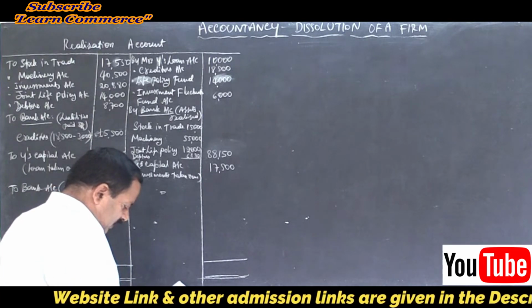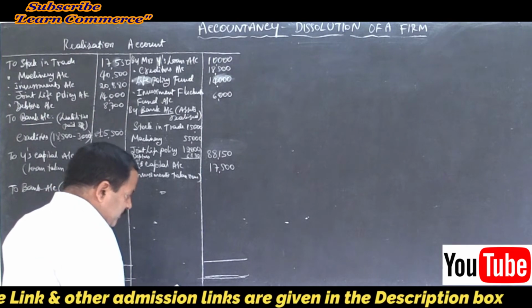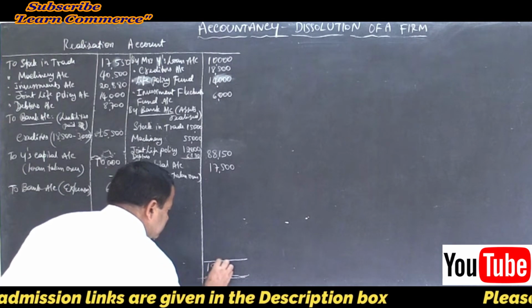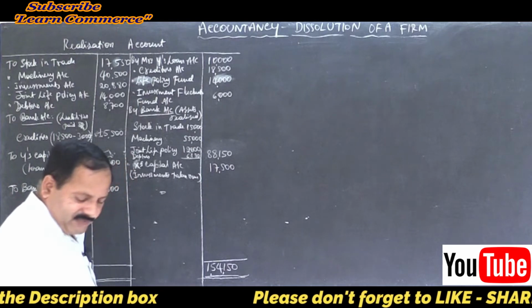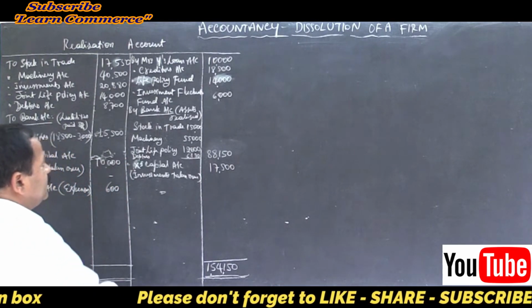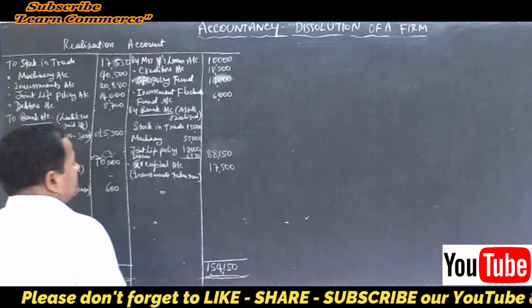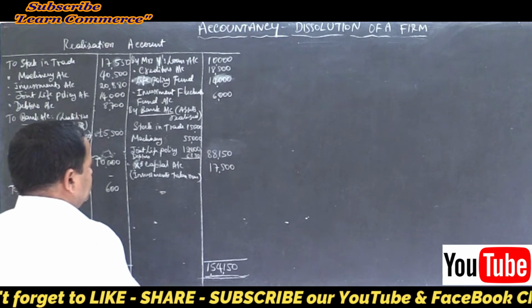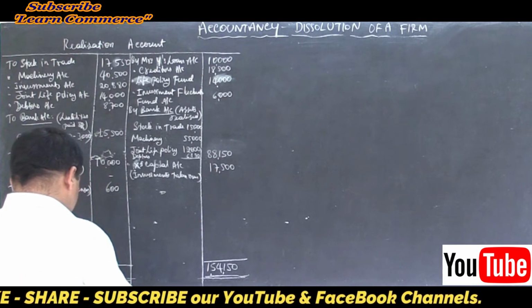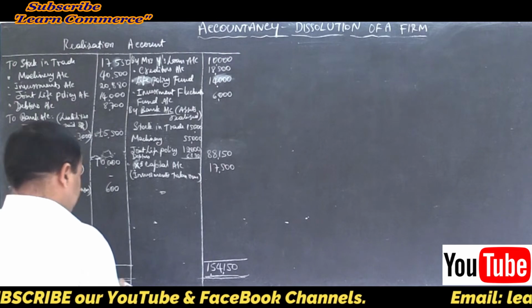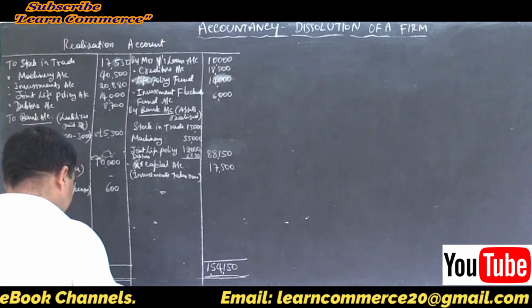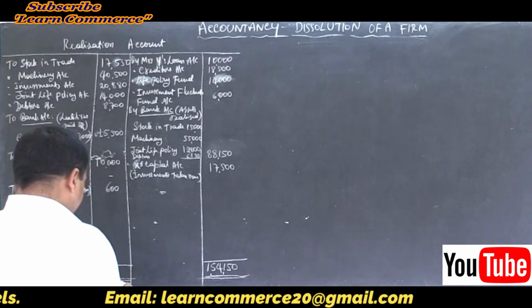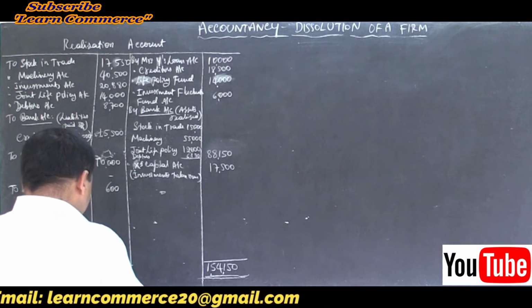Yes, 1,54,150. This is the total of credit side, right? Add it, 88,150, 17,500. So 154,150 is the total of credit side.